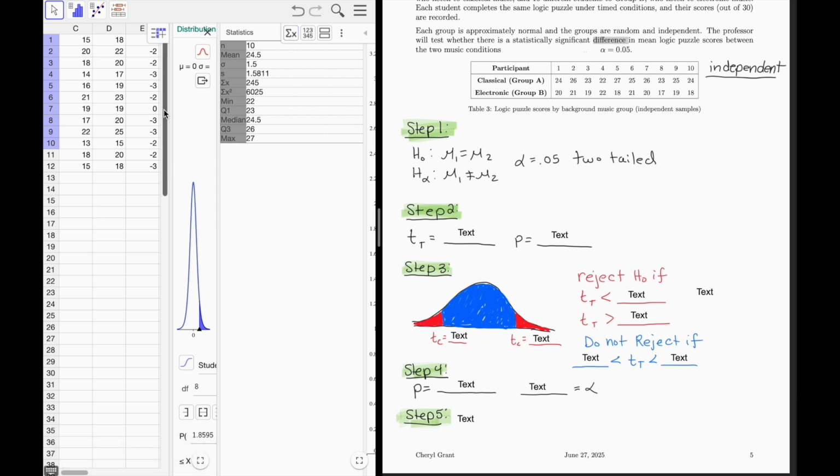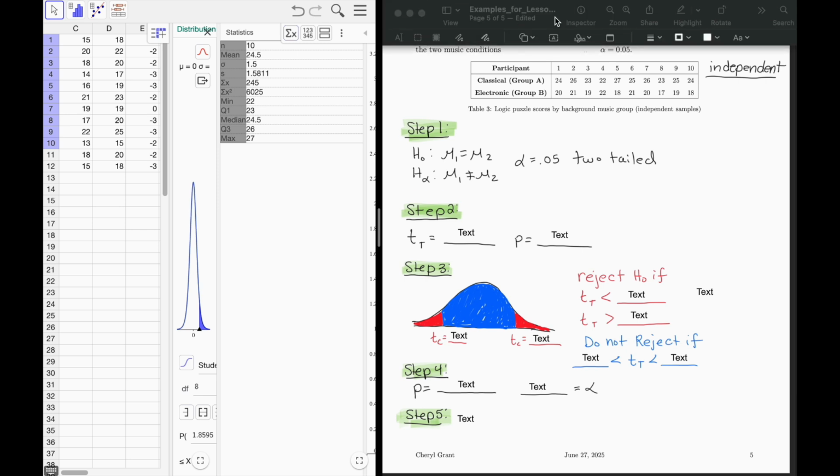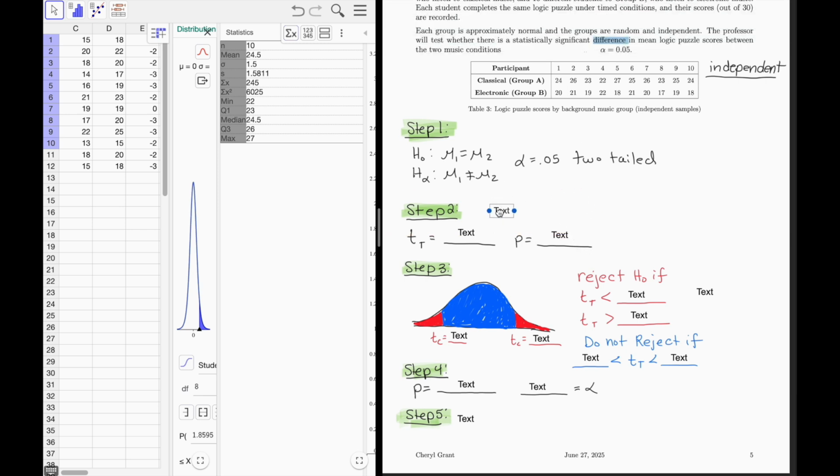So for the classical group, let's write this down. This is for group A. We have a mean of 24.5 and our standard deviation is 1.5811. Now for group B, let's see what those values are.